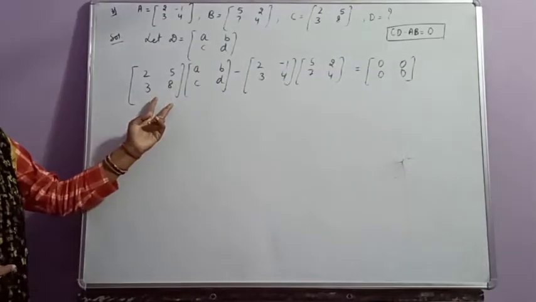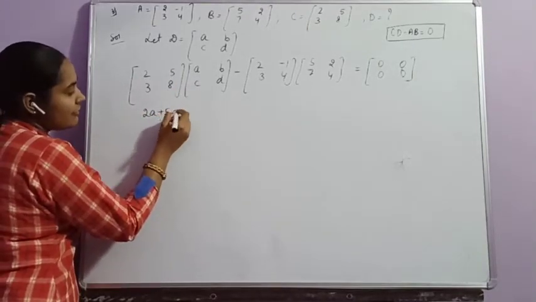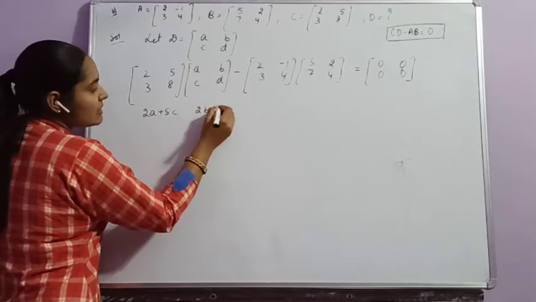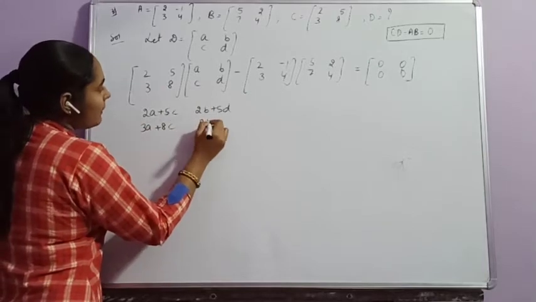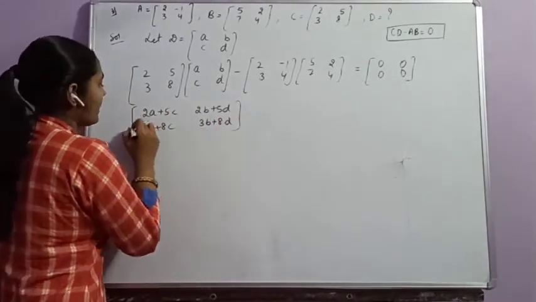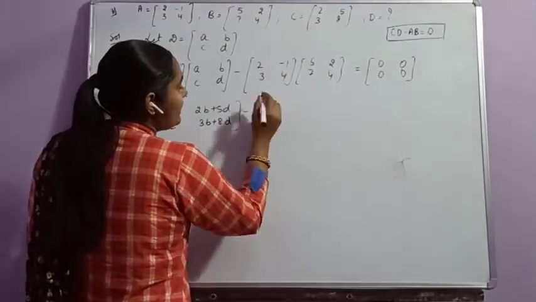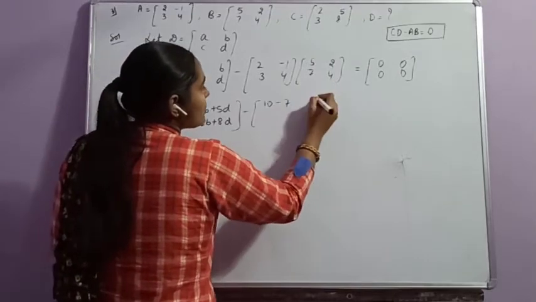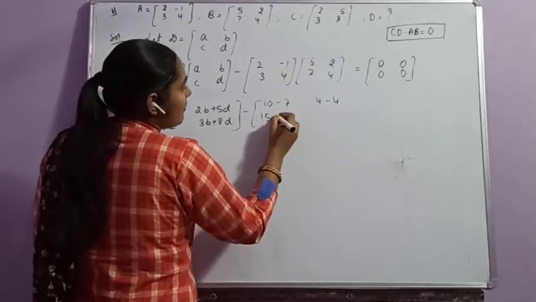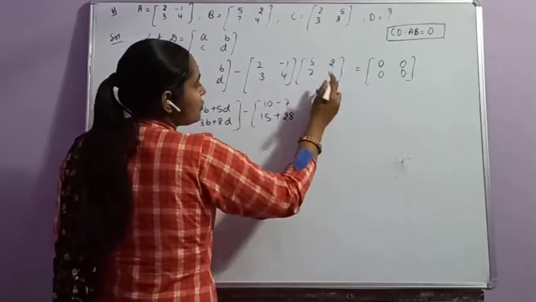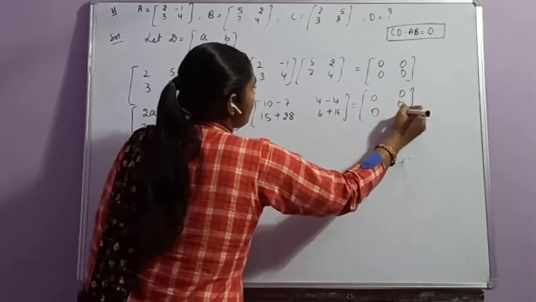So first we multiply these two matrices. 2 multiplied with a, that is 2a, plus 5 multiplied with c, 5c. Similarly 2b plus 5d, 3a plus 8c, 3b plus 8d, minus. Now we multiply A and B matrices. 2 times 5 is 10, minus 7; 2 2s are 4, minus 4; 3 5s are 15, plus 28; 3 2s are 6, plus 4 4s are 16, equal to 0 matrix.